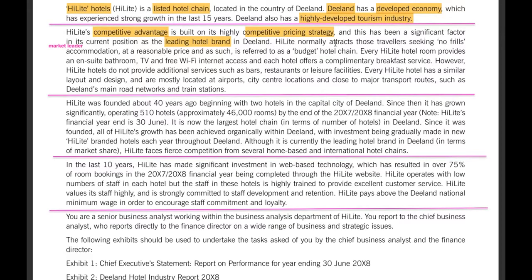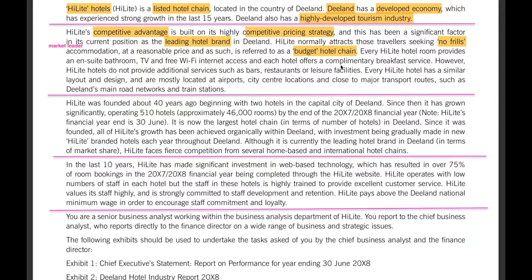What else do you get from here? Highlight normally attracts travelers seeking no frills accommodation. What do you know about no frills? It's low cost. Because of that, the further sentence says at a reasonable price, and as such it is referred to as a budget hotel chain.